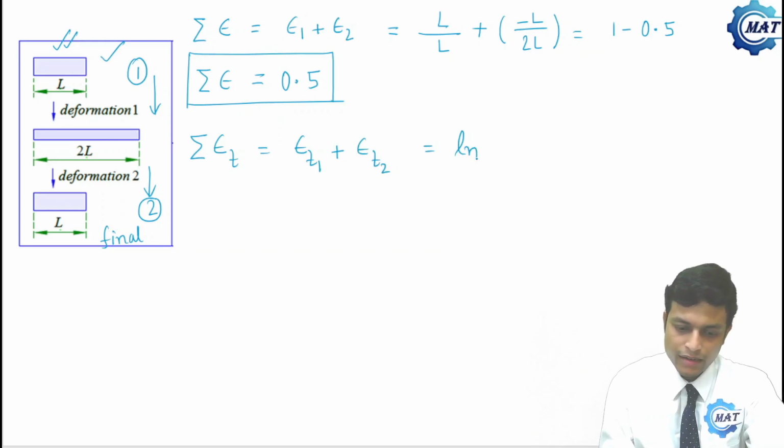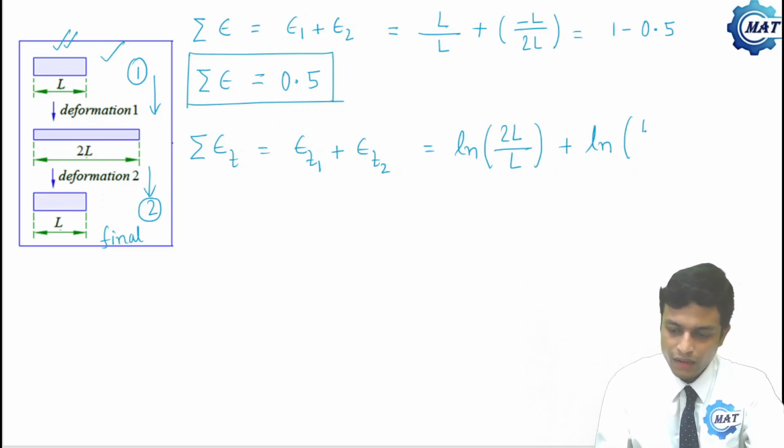That is ln of final length 2L over initial length L, plus ln of final length L over initial length 2L.